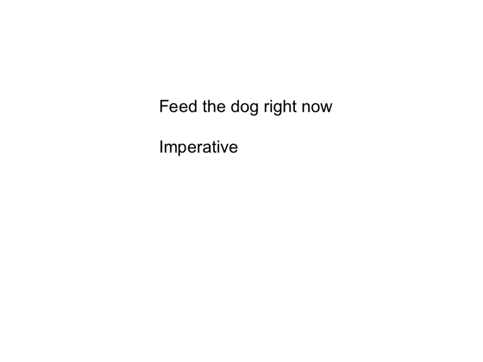Mom or dad's really upset because you forgot to feed the dog. Right? So now they're telling you to feed the dog, but they're expressing it with strong emotion. So this is a sentence that we're going to end with an exclamation point. Even though there's an exclamation point there, because this sentence is telling someone to do something, in this case feed the dog right now, this is actually an imperative sentence. So what that means is an imperative sentence can end with either a period or an exclamation point.